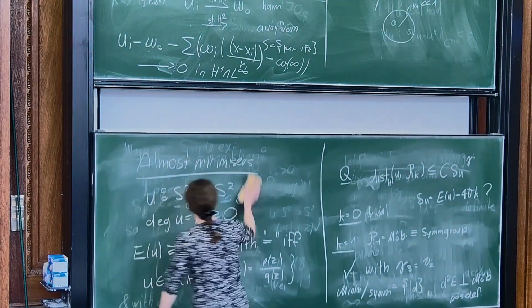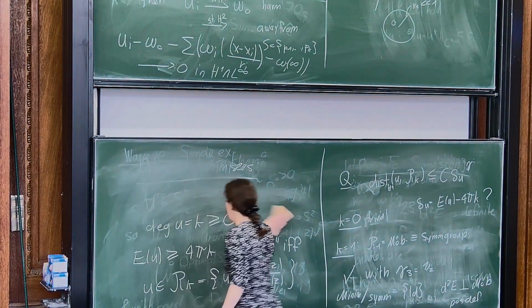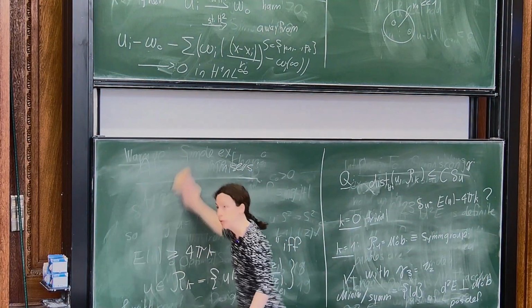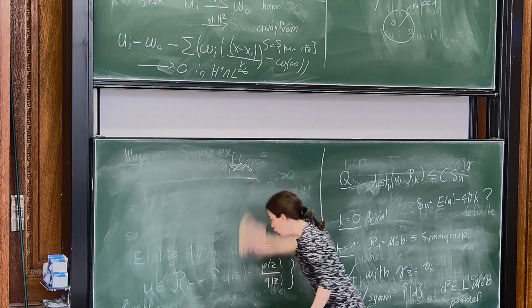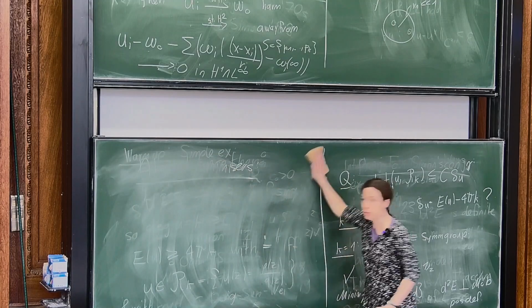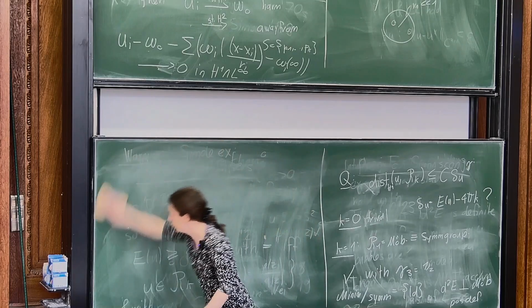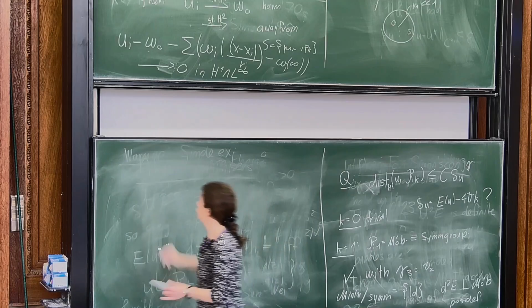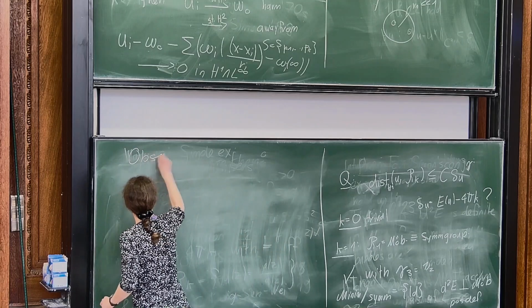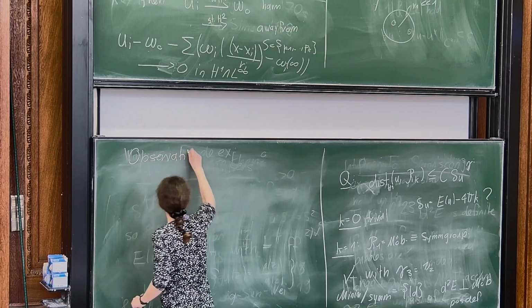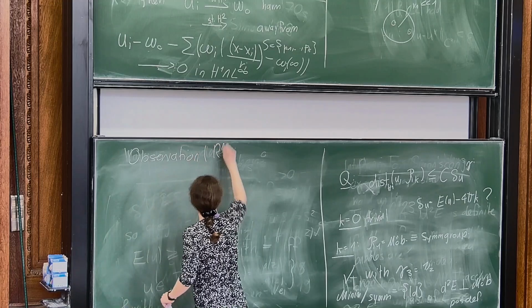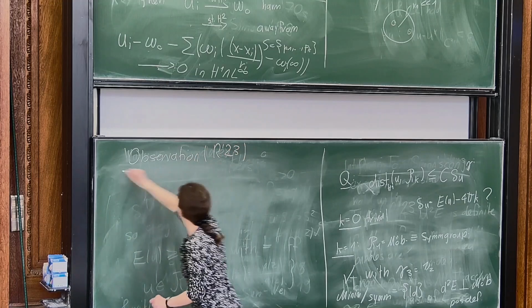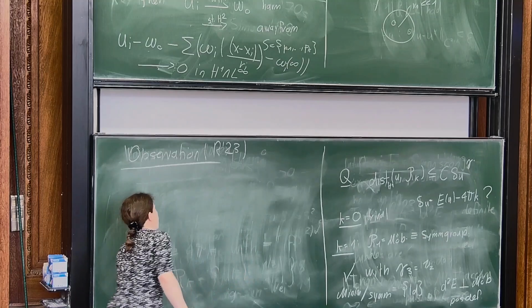It is simply not true that if your energy is close to the optimal energy, that your map is close to a minimizer. This is not true at the convergence level, and the proof is actually very, very simple. So first of all, little observation. So this is in a paper from, I guess, on archive, summer before last.